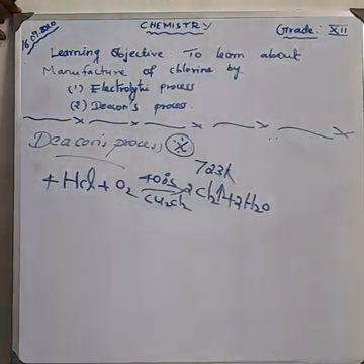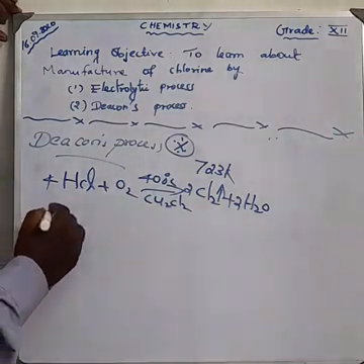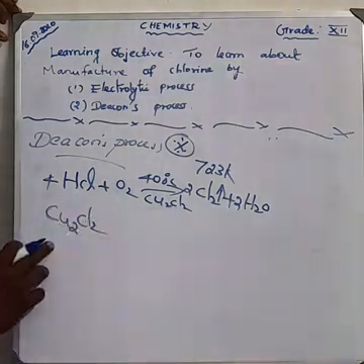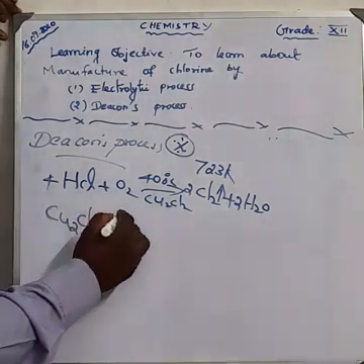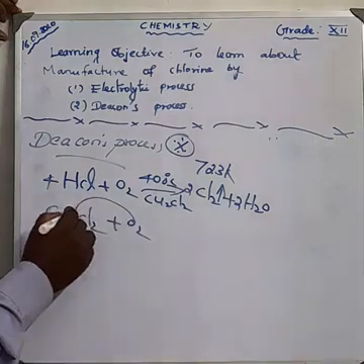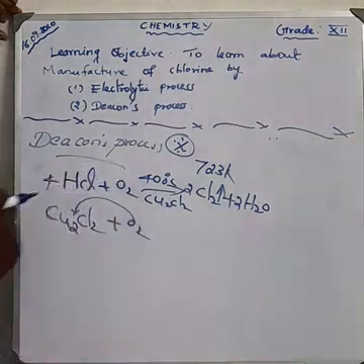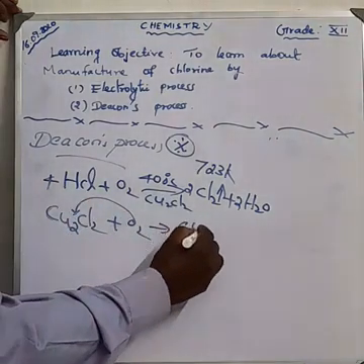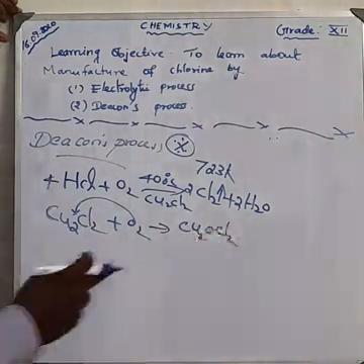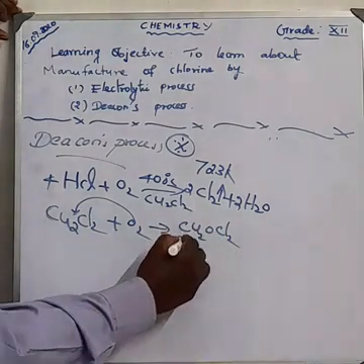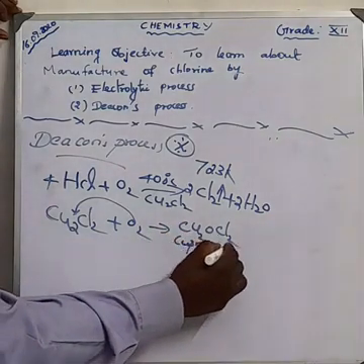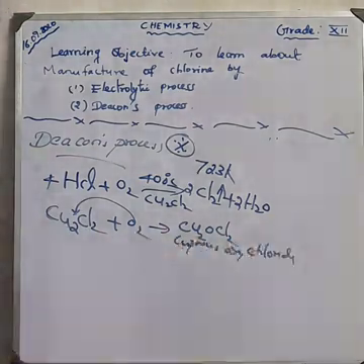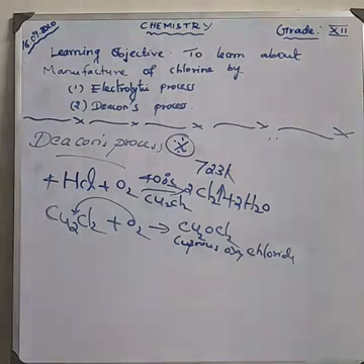First we are taking cuprous chloride, formula Cu2Cl2. This reacts with oxygen O2. So what's the product? Cu2OCl2, cuprous oxychloride.